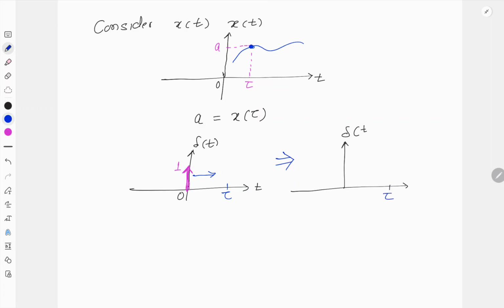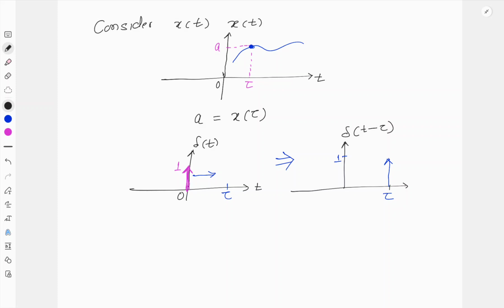Here I need to shift this signal by tau, so my impulse function will have amplitude 1 at time equal to tau. This shift is towards the right hand side, therefore I need to subtract that respective shift from the t function. So it will be delta of t minus tau.